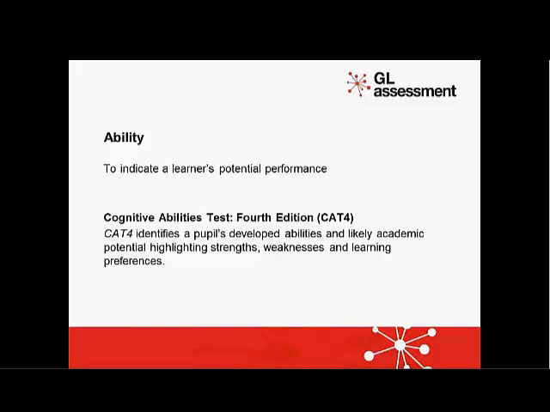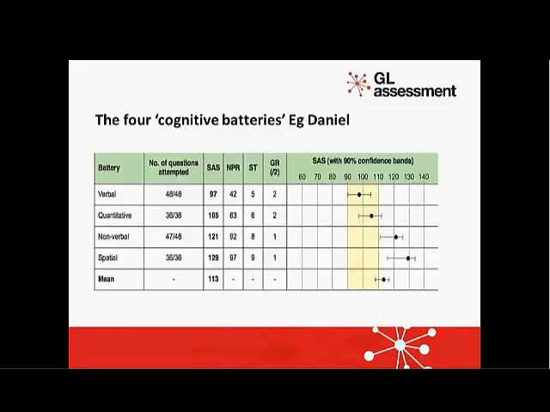So the CAT4, this is an example for a young gentleman called Daniel, and here you can see that it's giving standardised scores, again, that common scale, in the 4 parts that make up CAT4, which are verbal, quantitative, non-verbal, and spatial. The difference between CAT4 and CAT3 in terms of batteries or parts is that spatial.